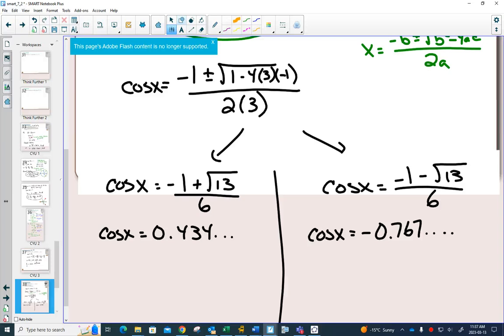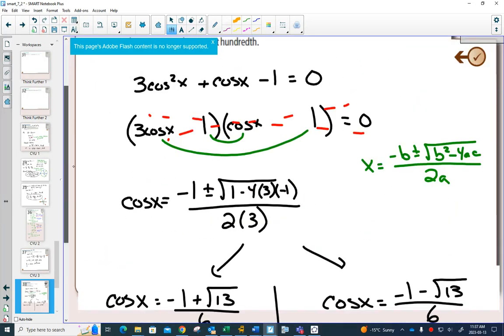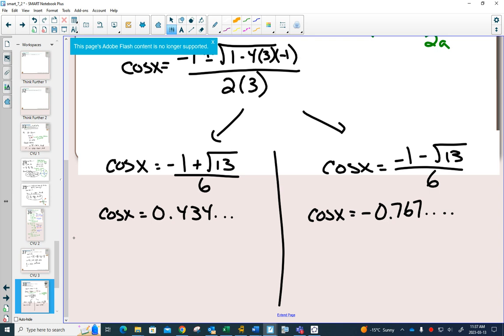Again, how do we find our reference angle? I'll do cos inverse. I'll do this one first. Is this question in radians or degrees? In radians. So I'll go to my mode, make sure that I'm in radians. Again, we have to switch back and forth often.